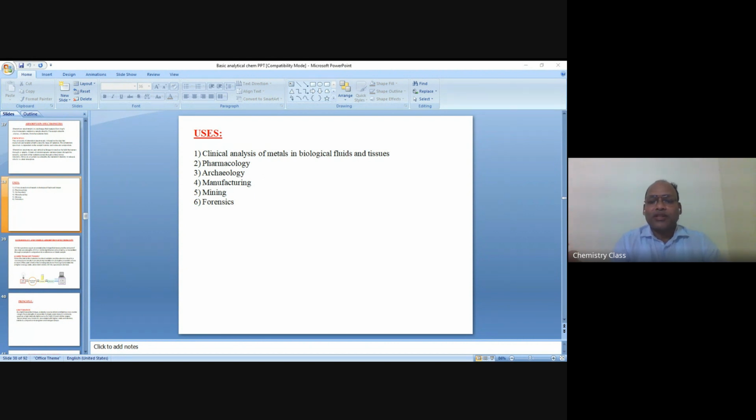So if you ask me how it will be used in mining, you know that ore means multiple things associated with a particular matter. Suppose you say hematite iron ore: that iron ore contains different components in oxide or sulfide forms.